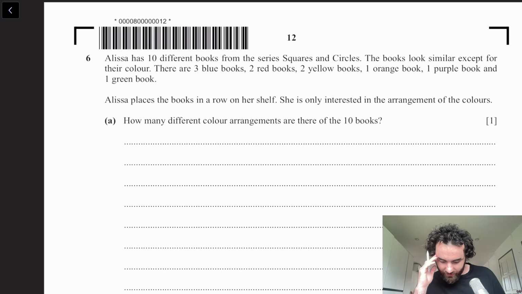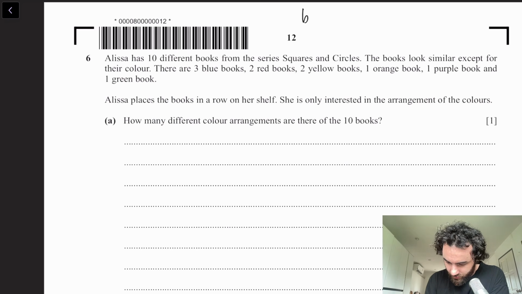I can feel it. Elisa has 10 different books from the series Squares and Circles. The books are similar except for their color: 3 blue books, 2 yellow books, 1 orange book, 1 purple book, and 1 green book. I'm just going to write that out.